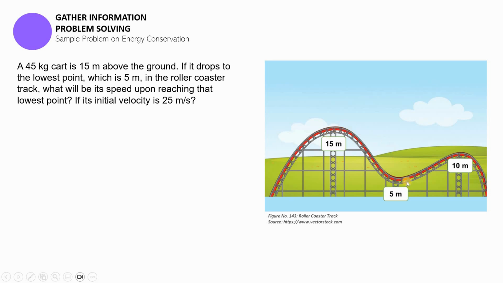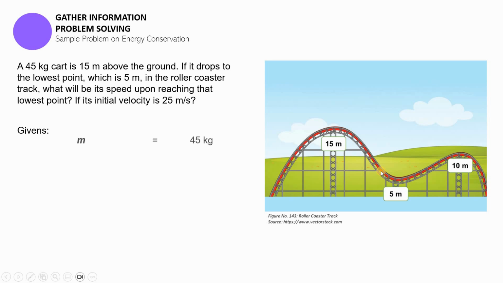If it drops to the lowest point, which is 5 meters, in the roller coaster track, what will be its speed upon reaching that particular lowest point, if its initial velocity was 25 meters per second? So it started here and it's going to go there. Our concern is its speed at 5 meters.